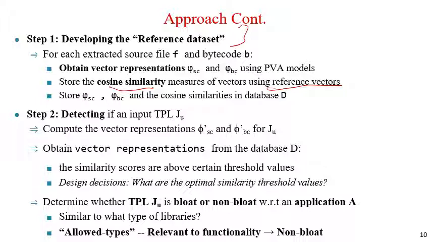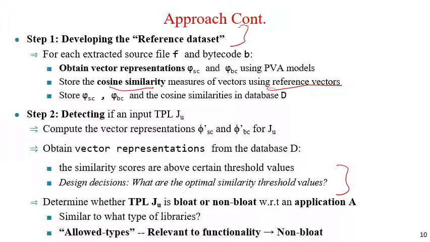There arises one more important question: what is the optimal similarity threshold by which we are going to decide that a particular Java file has a sufficient amount of similarity with the given reference dataset files? So we performed various experiments to determine this optimal similarity threshold, which I'm going to discuss in some time.